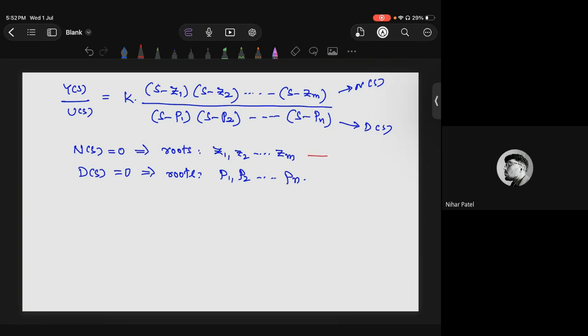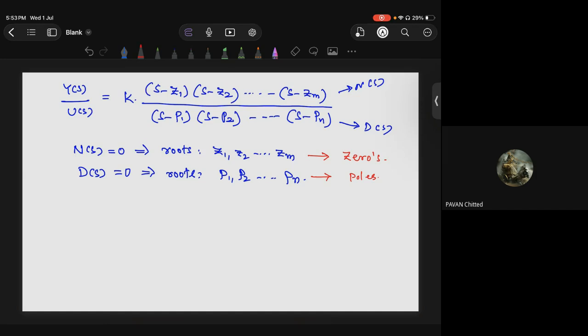So that's why we call these numerator roots zeros. Similarly, in the denominator, if I substitute s equal to p1 or any of these p's, what will happen? It will be something by 0, so it will be infinity, correct? So some constant by 0. We call them poles.